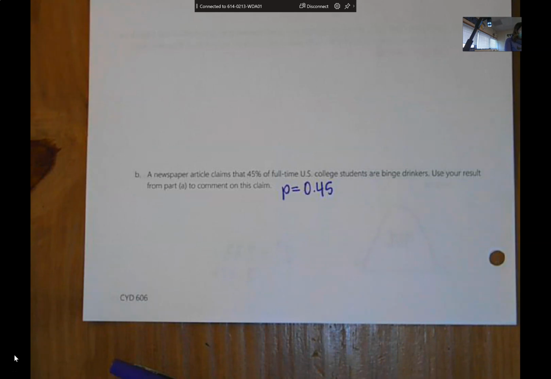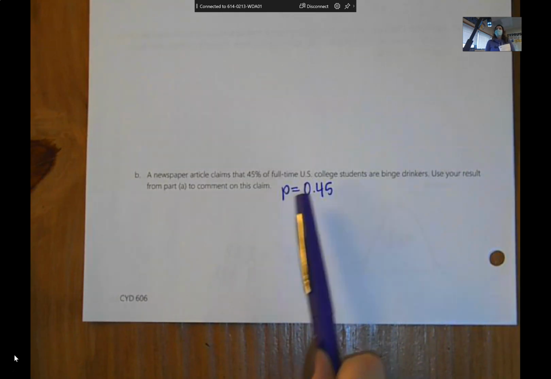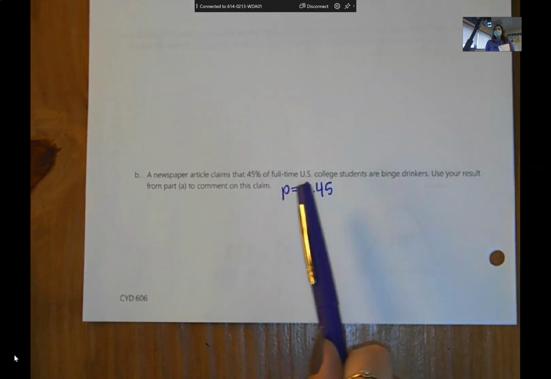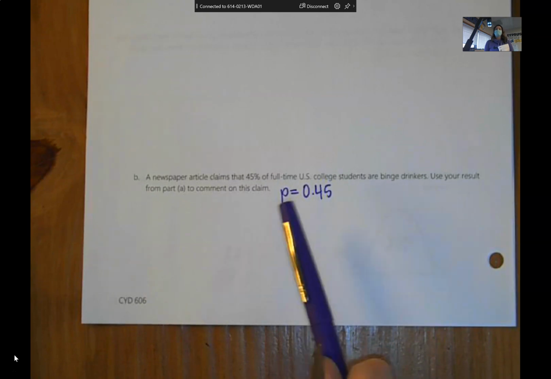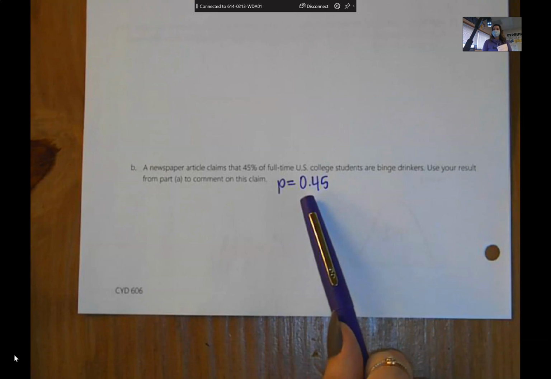There were a handful of you that were making statements like, there are values less than 45, or there are values greater than 45. But in this specific case, they are only asking, is this number in your confidence interval? This number and only this number.